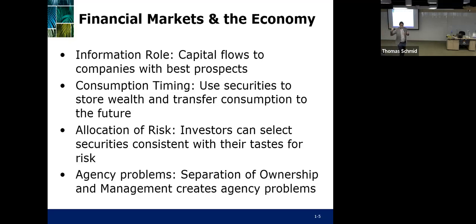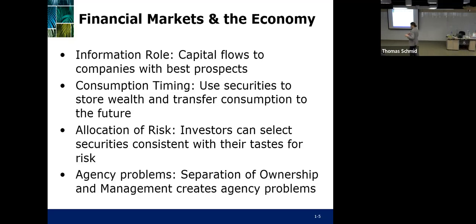Okay? But this correlation does not necessarily mean that there is causality, right? Because it could simply be that if you have a successful economy, you can afford to have a large financial industry and a lot of well-developed financial markets. It's probably going from the industry to the financial markets and not from the financial markets to the industry.